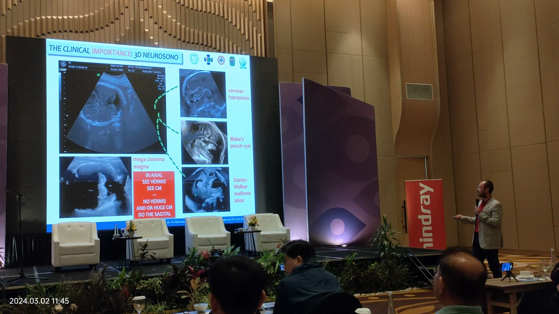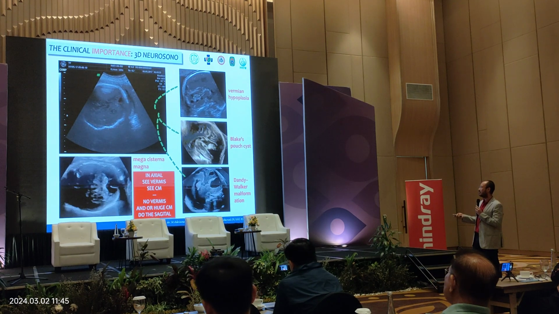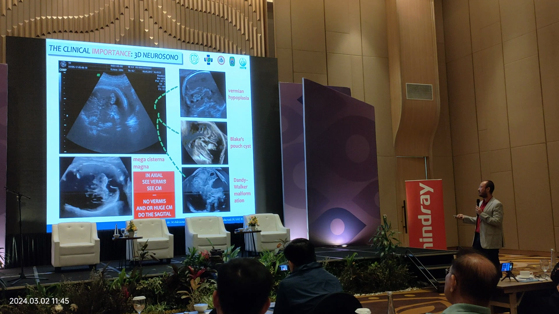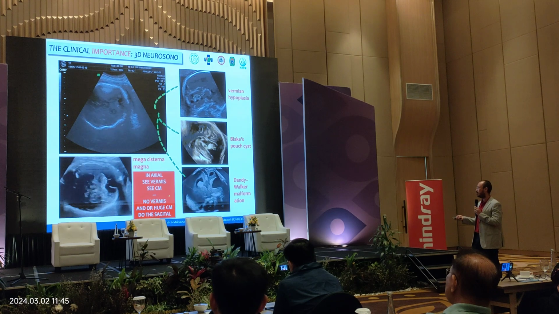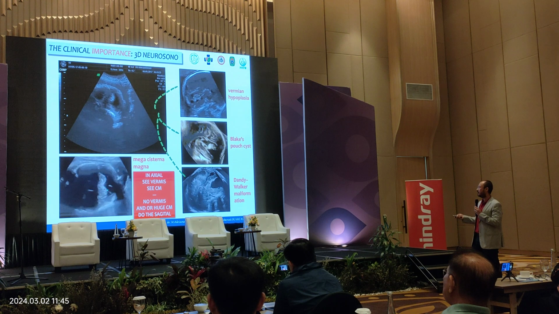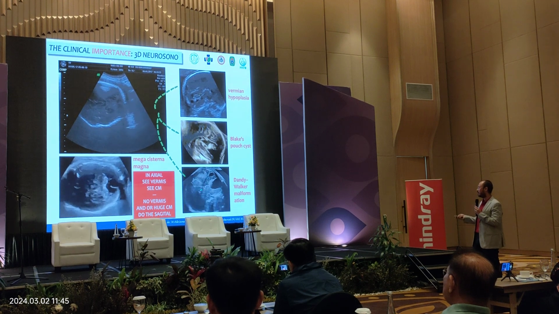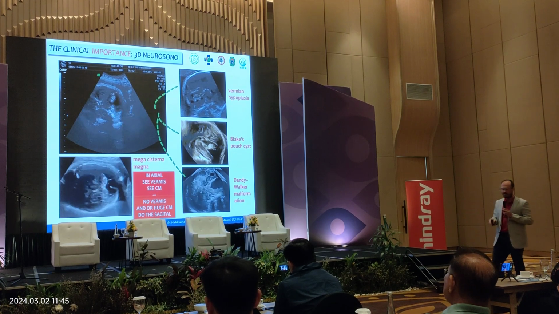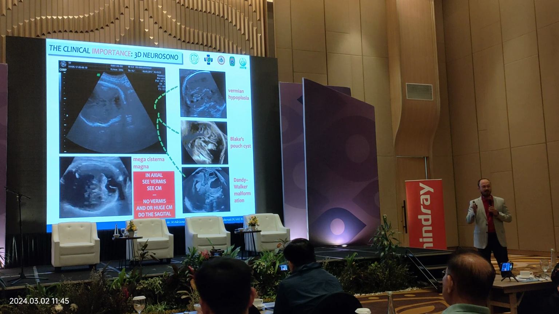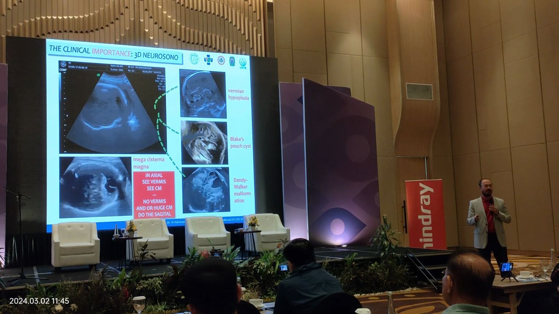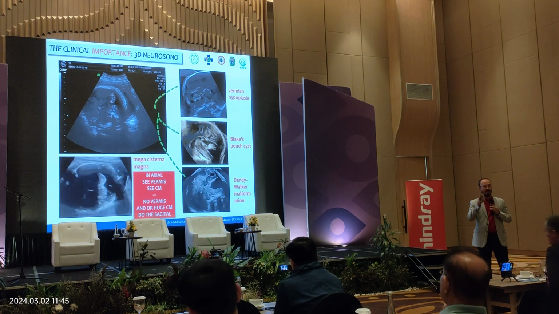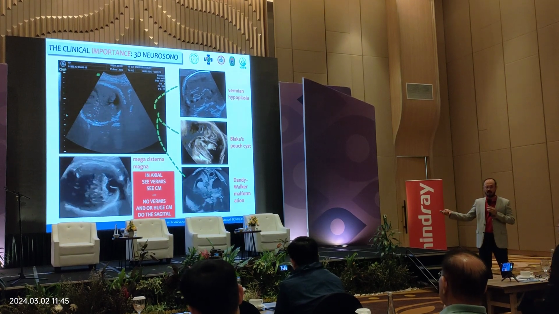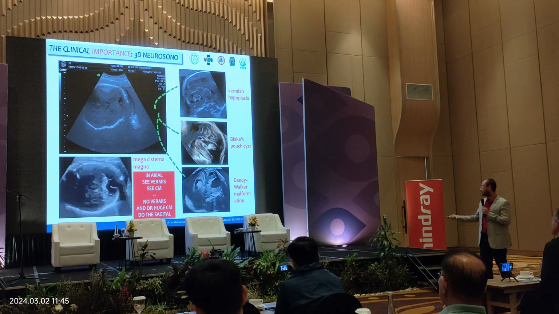By doing the sagittal. So if we see the vermis in axial and we see a large cisterna magna, maybe this is a mega cisterna magna. Still, we need to find out by examining the sagittal. So, sagittal slicing of the plane is mandatory if we have an abnormality in the posterior fossa.